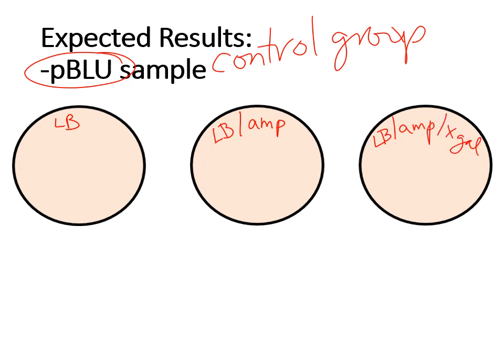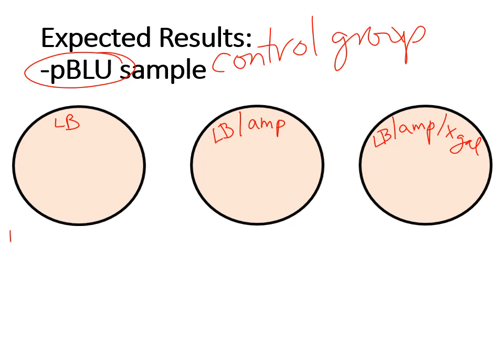Okay, and in each one you have to ask yourself, do I expect growth or no growth? And if I expect growth, do I expect it to be the normal whitish beige growth, or do I expect it to be blue?